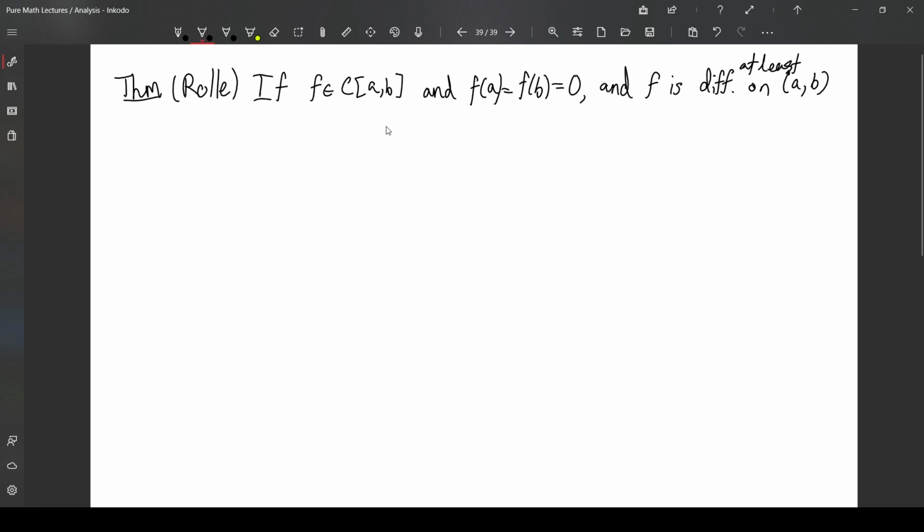That's all I'm saying here. So if these conditions are met, then there is a mu in the open interval a b such that f prime of mu is equal to 0.